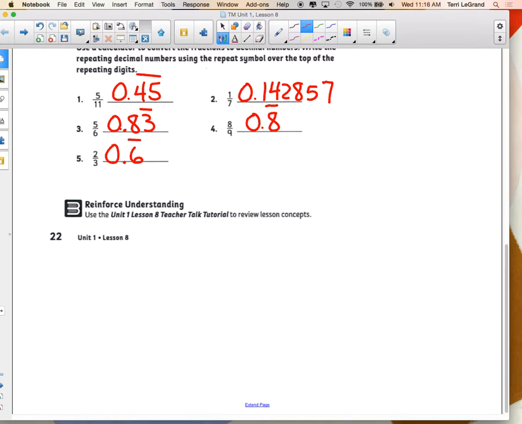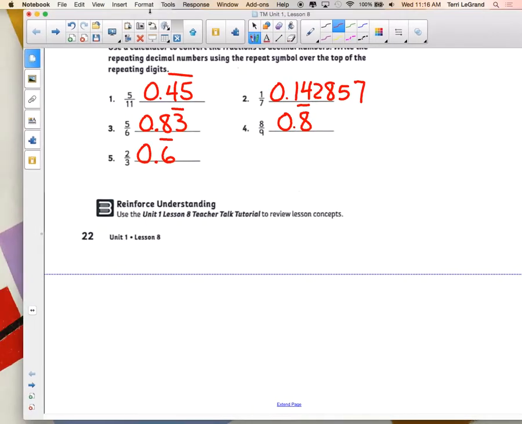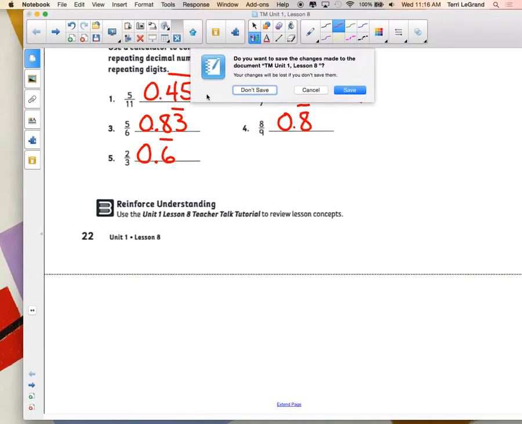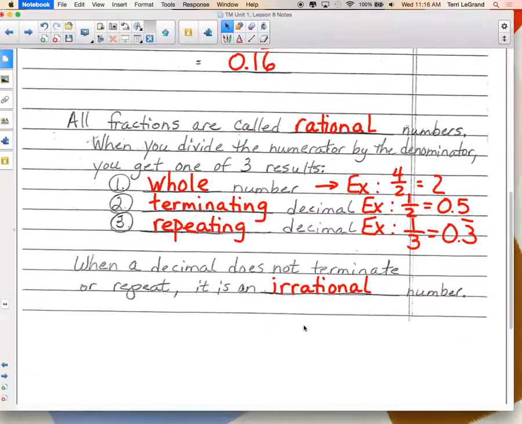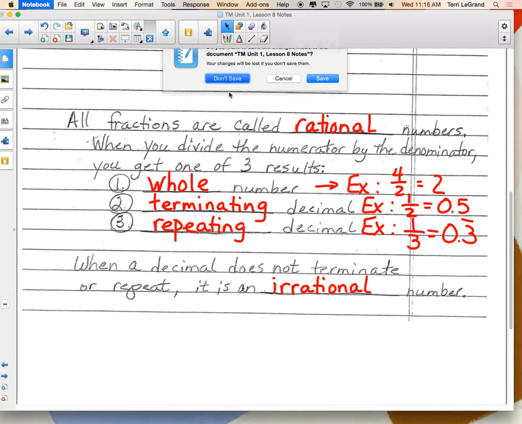We gotta get this put on your grade sheet, and we have to take care of that. Yep, you absolutely can. Okay, sounds good. Thank you.